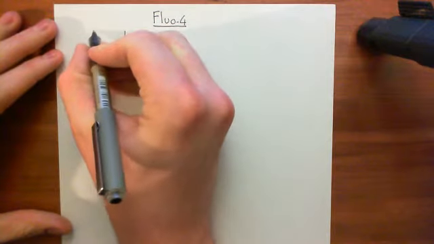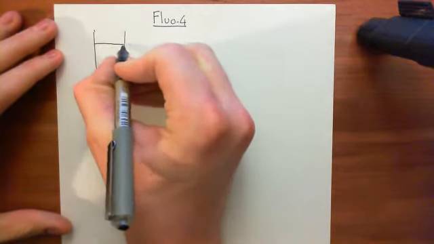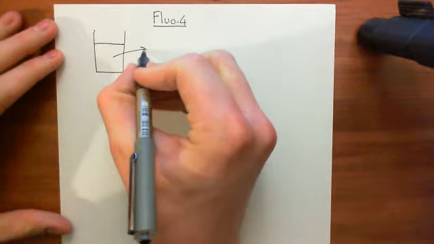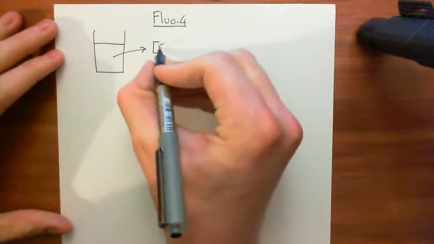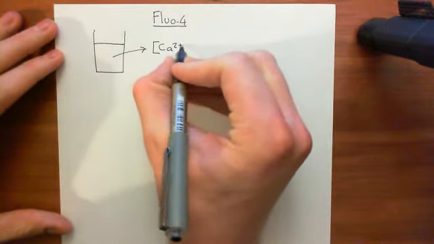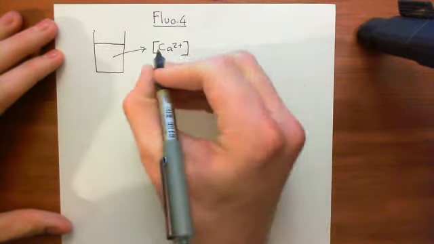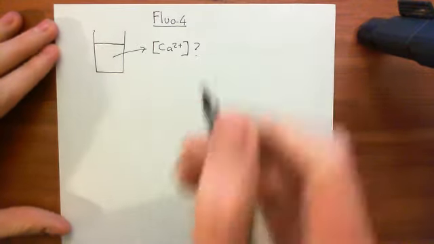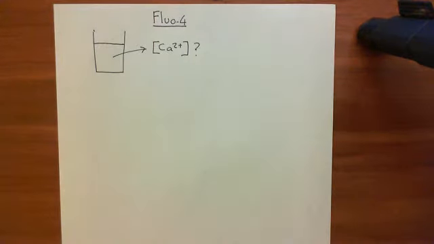And the basic problem is that this beaker is full of a solution and we want to know what is the concentration of calcium. So square brackets around calcium means concentration of calcium. So we want to know what this is. Okay, and basically Fluo-4 is going to allow us to do that.